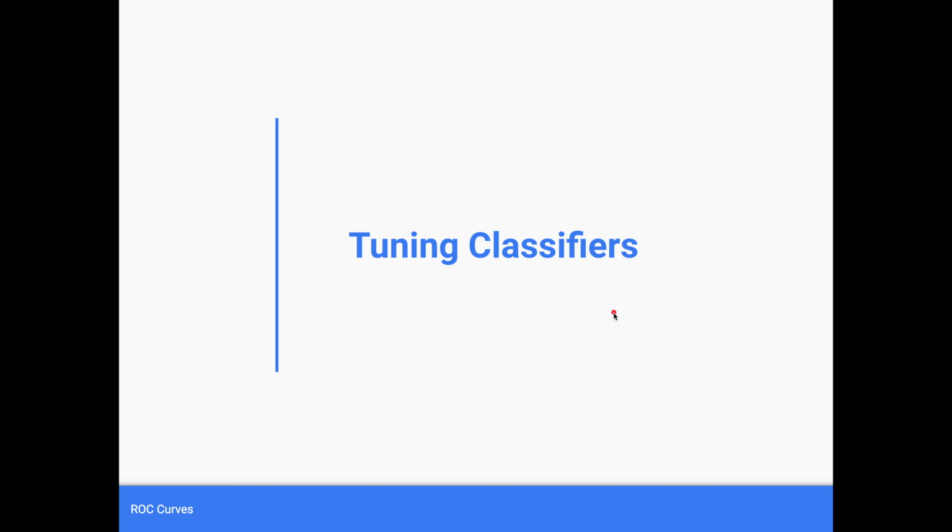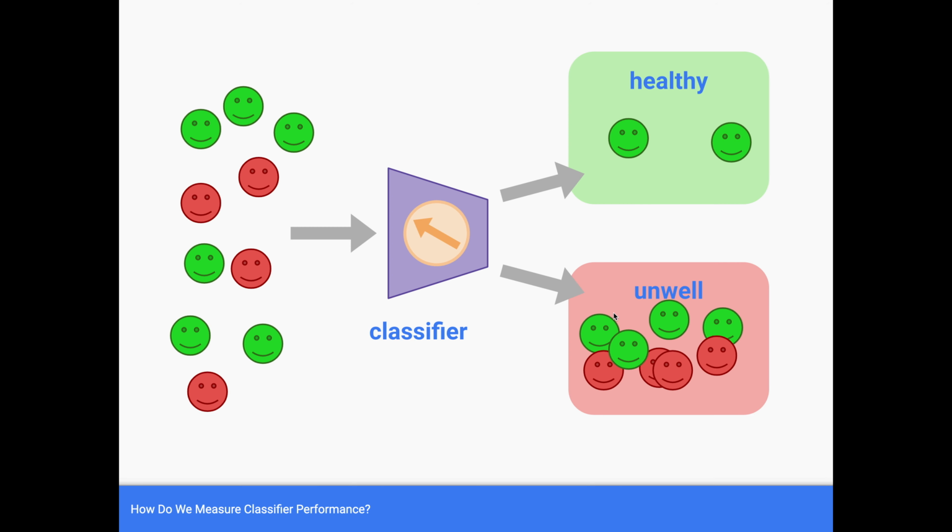So let's now turn towards a really useful application of this ROC space, which helps us tune classifiers. Let's go back to our earlier example of this classifier, which classifies people as healthy or unwell. This time let's imagine there's some parameter that we can tune. Like I said earlier, we don't have to have a decision tree or a linear classifier or linear regression or neural network or something fancy.